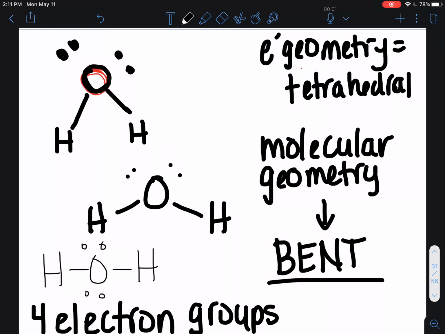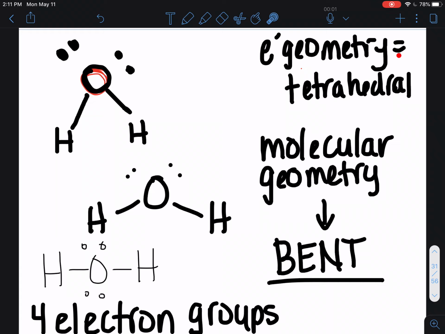Okay? So we had to first count our electron groups to get our tetrahedral arrangement, then go back and evaluate the number of lone pairs within the tetrahedral arrangement to get the molecular geometry of bent. And turns out this is exactly what water looks like. If we were just to call it tetrahedral, it would not be an accurate representation, okay?